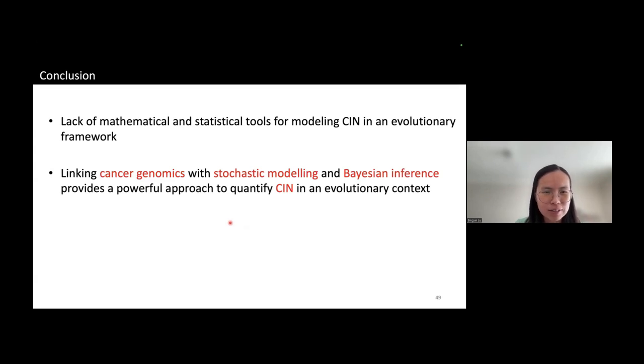And as a brief conclusion, I have shown our approaches on modeling chromosome instability in an evolutionary framework.